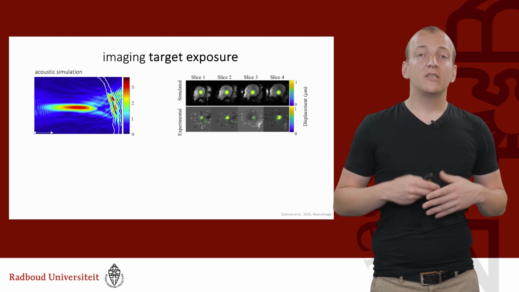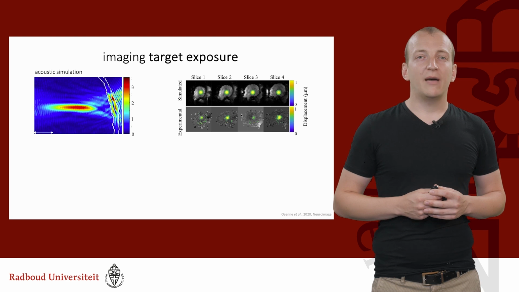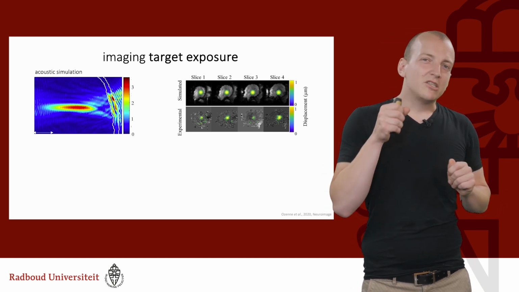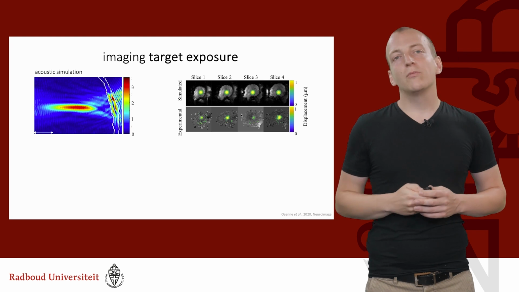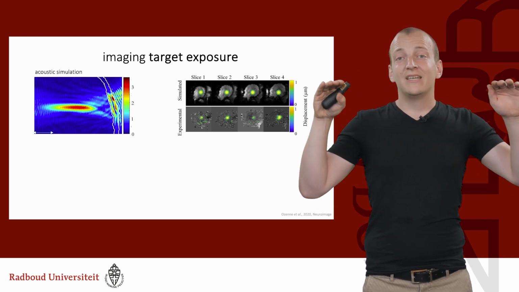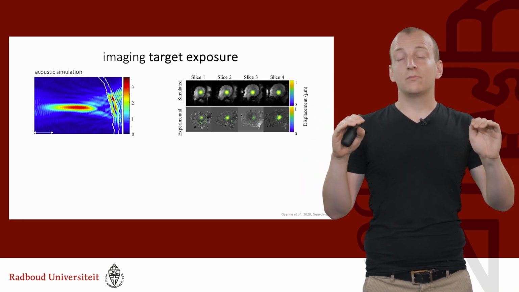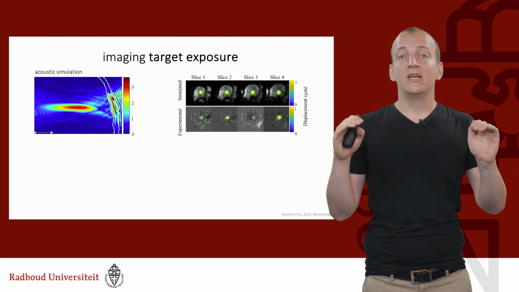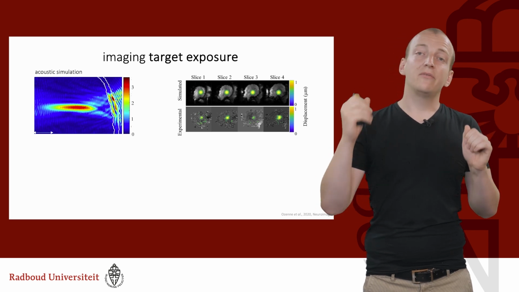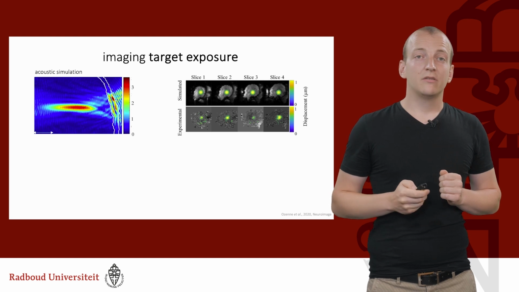And if you put this subject into an MR scanner, and we use a protocol which is called MR acoustic radiation force imaging, with which we can image that little push that we think leads to neuromodulation, we can actually see on the top row that the simulated estimate is really quite similar, especially in terms of location, with what is recorded with the MR scan. This can be a further confirmation of our simulations being accurate.